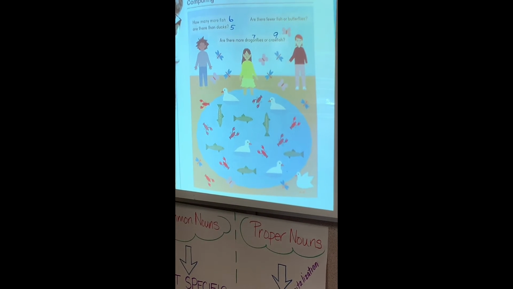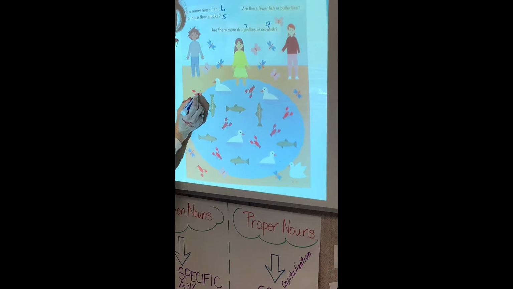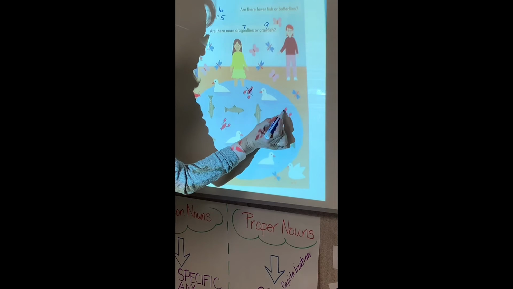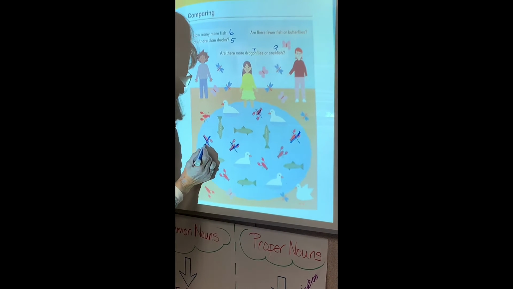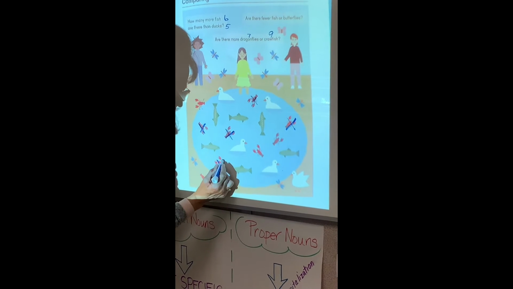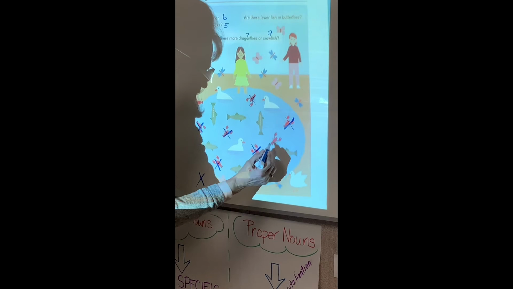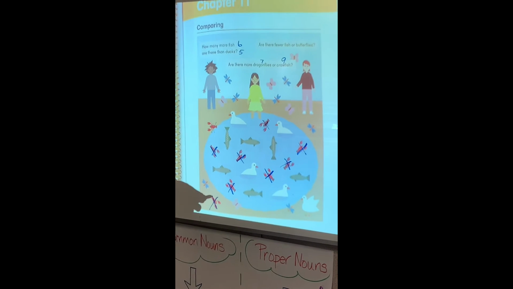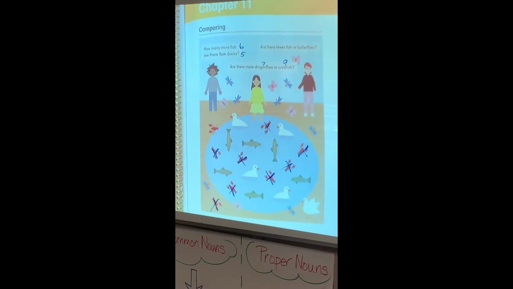I can cross them off this time and then you'll know. 1, 2, 3, 4, 5, 6, 7, 8, 9. I don't see any more, so now I'm sure that my number is right.